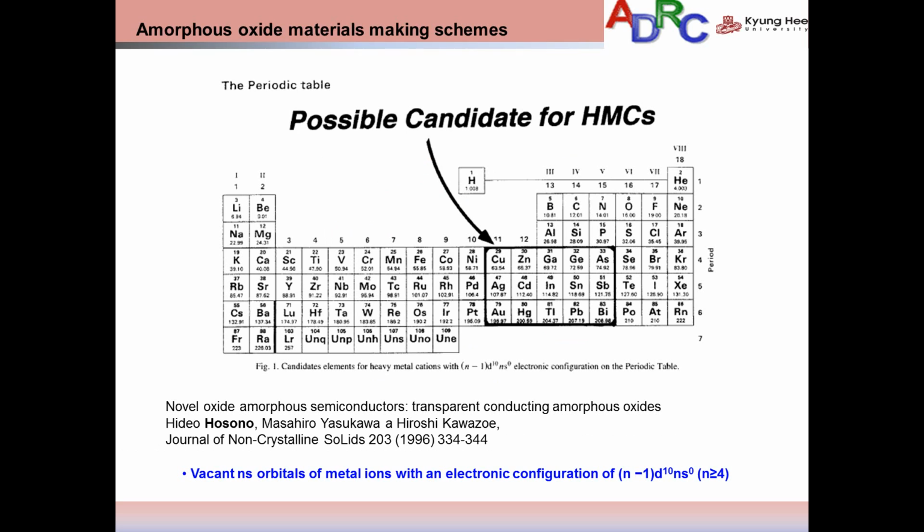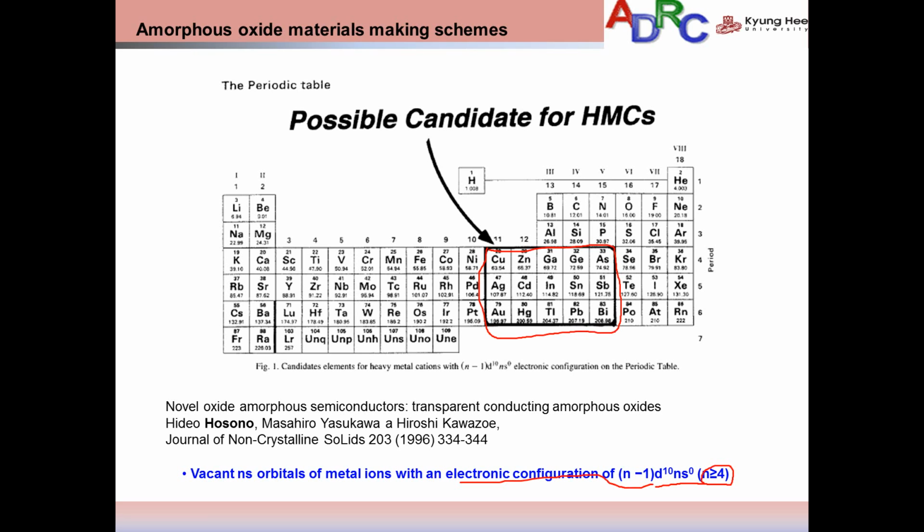Well, there is a wide choice of atoms. These atoms are referred here from copper to bismuth, and the main choice is because of their electronic configuration, which is (n-1)d10 ns0 with n more than or equal to 4.